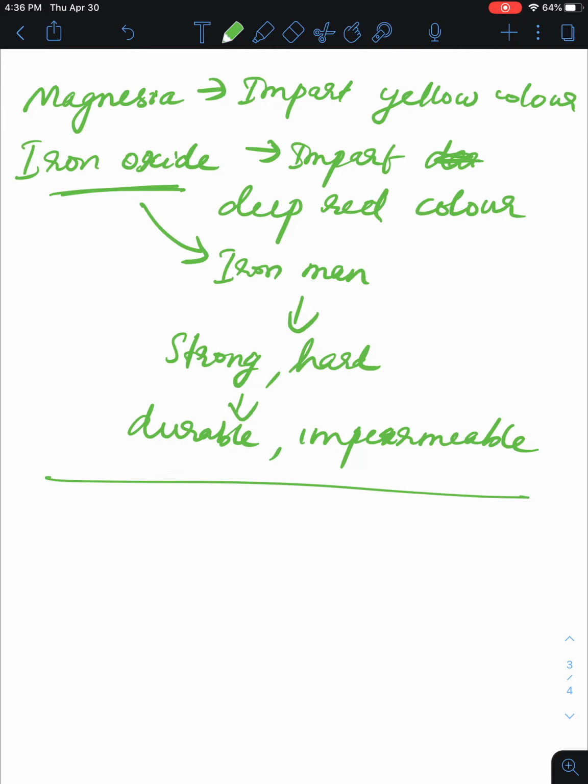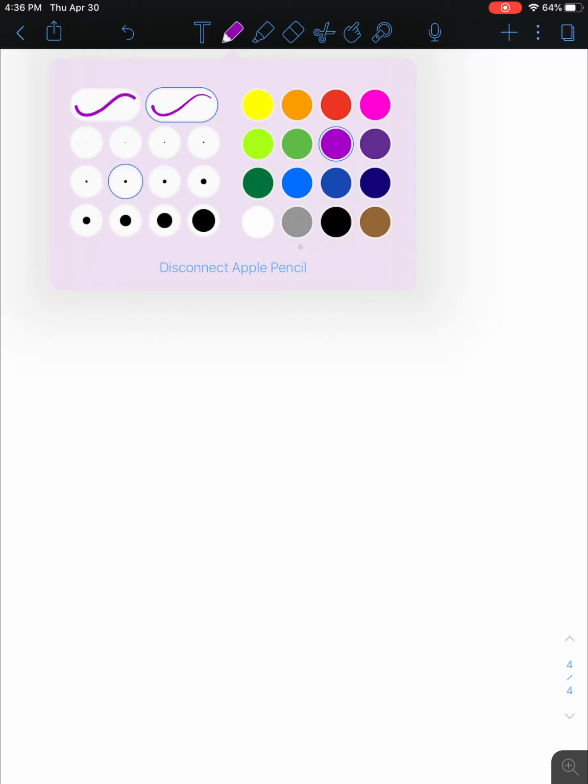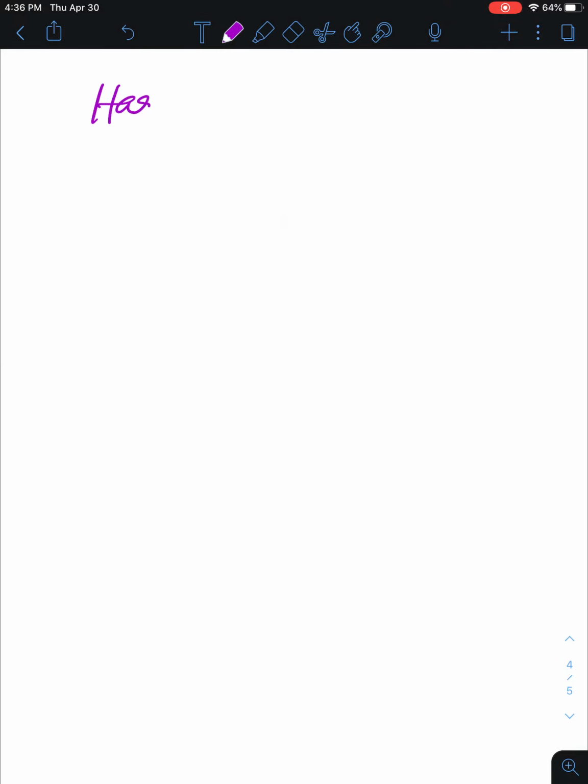So these are the constituents. Then we have to discuss various harmful substances present in brick. What are the harmful substances?